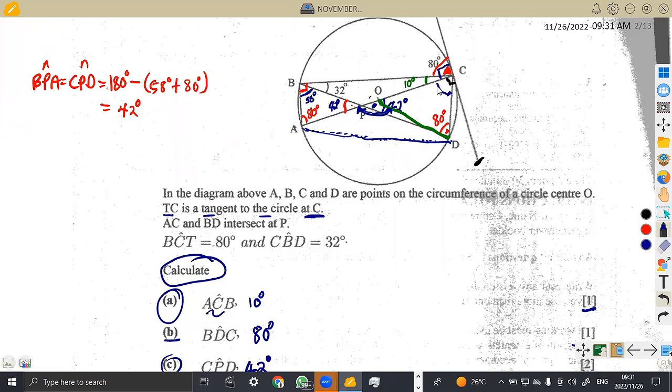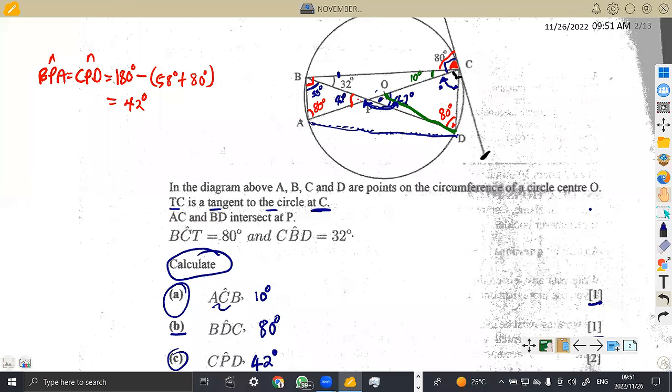So we know that the angle at the center is twice the one at the circumference. So to find AOD, once we calculate ACD, we can multiply by 2.